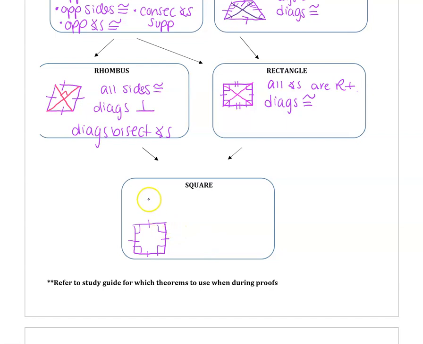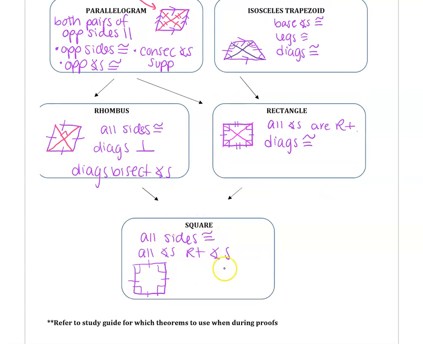Okay, so this is all sides congruent, all angles are right angles, and then again, like I said, rectangle plus rhombus equals square. So keep in mind that the square has all the properties of a rhombus. Okay, it also has all the properties of a rectangle. So we can say all squares are rhombuses, but we can't say that all rhombuses are squares.